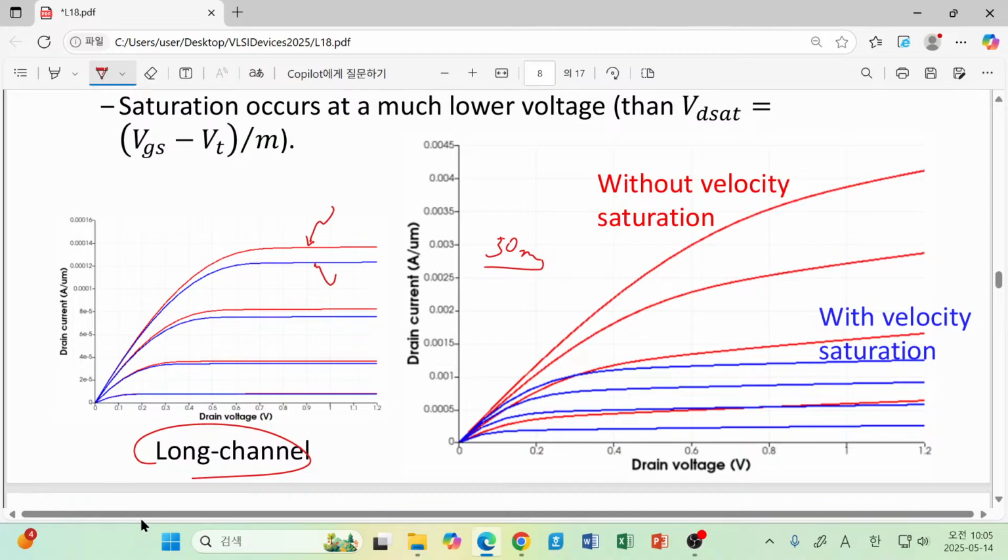Let me just explain what the difference is between the red one and the blue one. The red one is obtained by considering only mobility reduction due to gate voltage, or the vertical electric field.